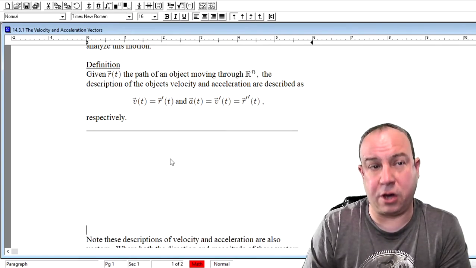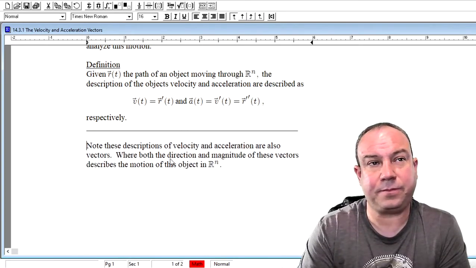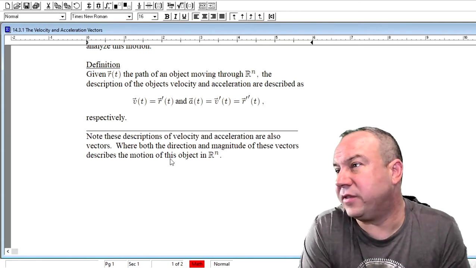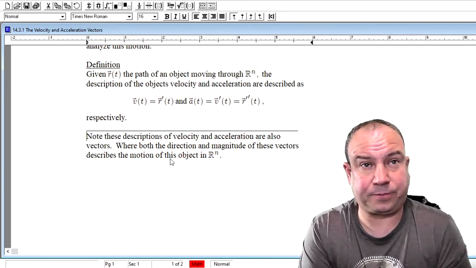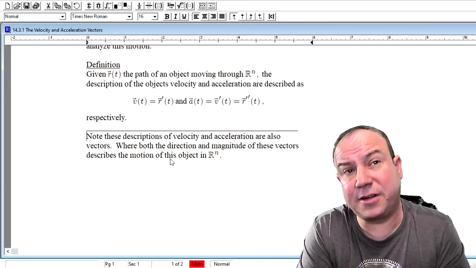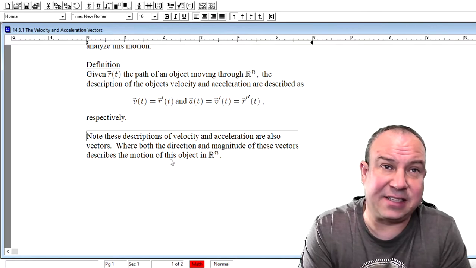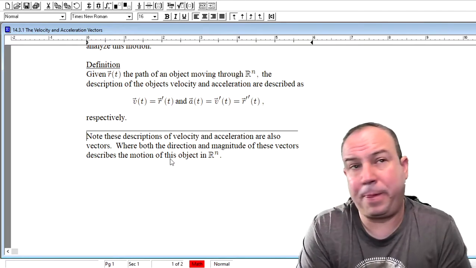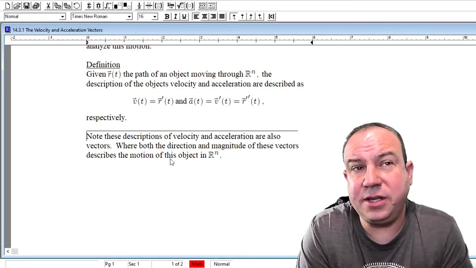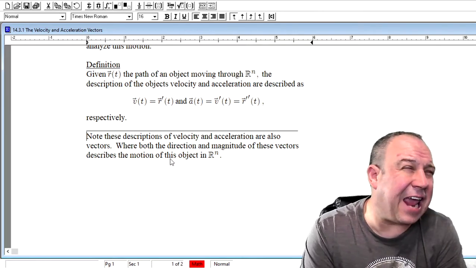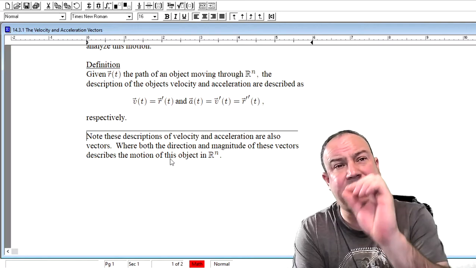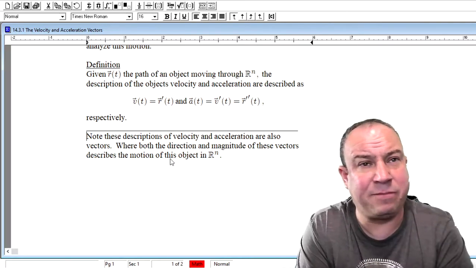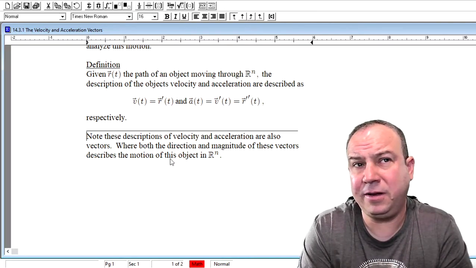One thing we will note is that these descriptions of velocity and acceleration are also vectors. We are going to produce a vector description of velocity and acceleration, right? These descriptions have both a direction and a magnitude associated with them at any point in time along that path of motion, right?